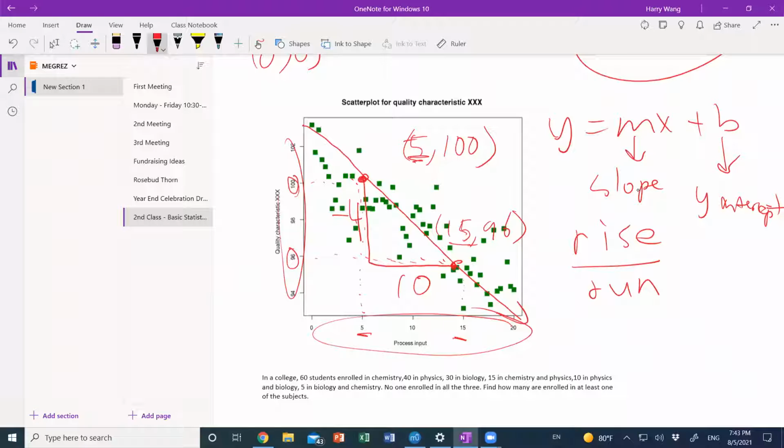So our rise over run is simply -4 over 10. And we can simplify that to -2 over 5, or -0.4 as our slope. And so once that happens, we've gotten our value. Our m value, our slope value, is -2 over 5.